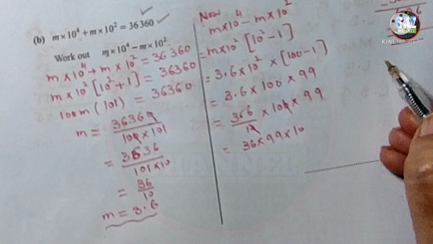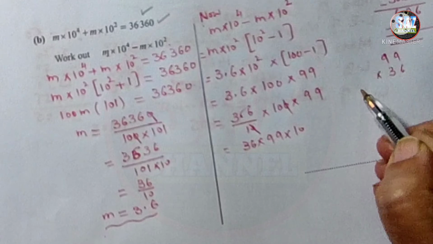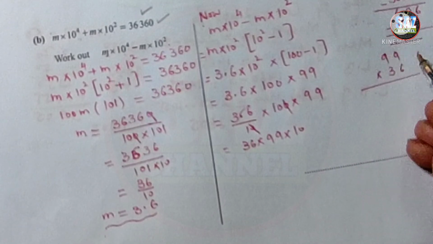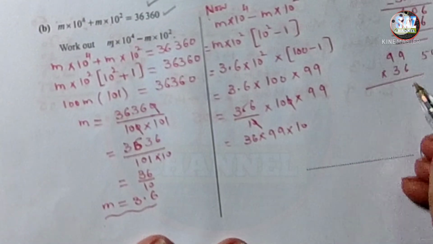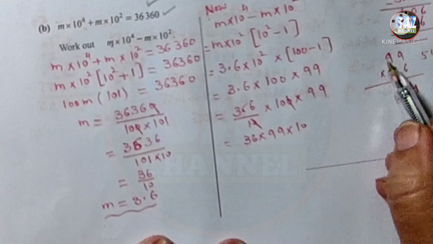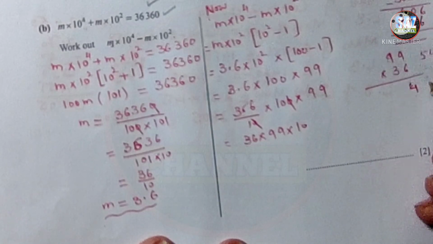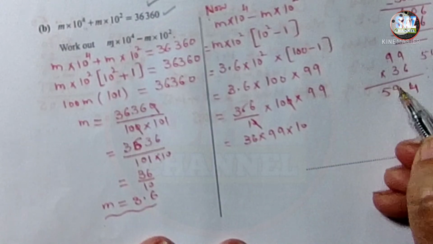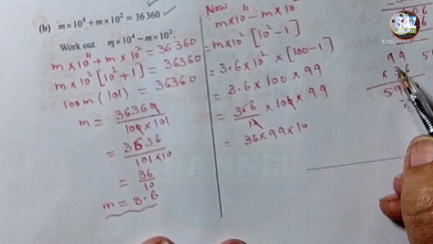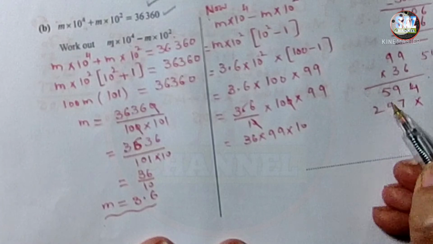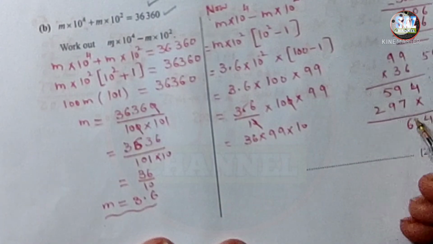Now I have to multiply 99 by 36 carefully. 9 6s are 54, 9 6s are 54, and 9 6s are 54, 55, 56, 57, 58 and 59. 9 3s are 27, and 2 is 29, and so on.